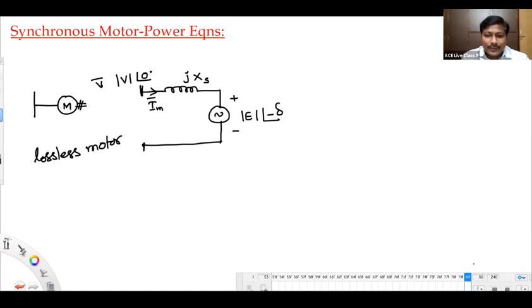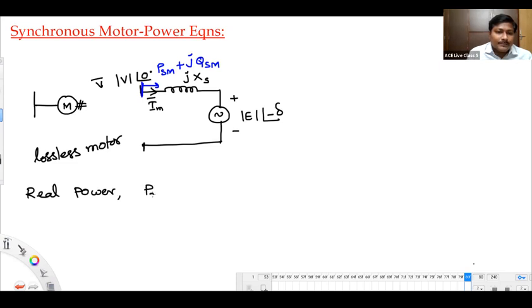This is PSM, real power absorption, plus j times QSM, the reactive power absorption. Please tell me, the real power absorbed by the synchronous motor, PSM.